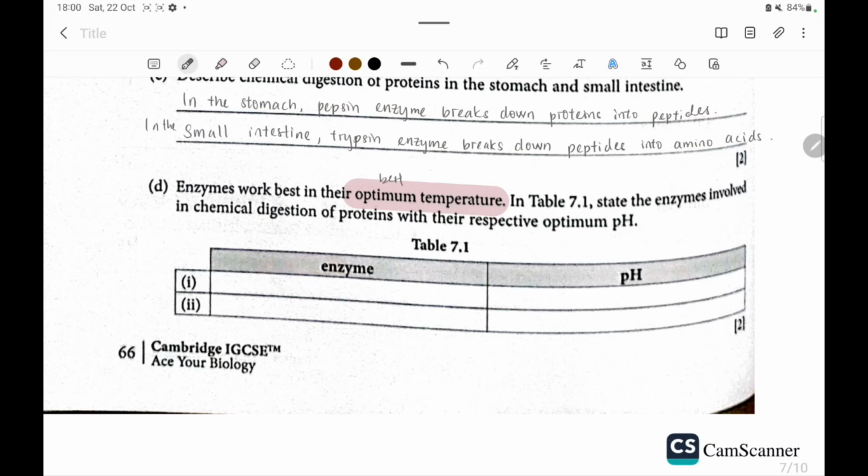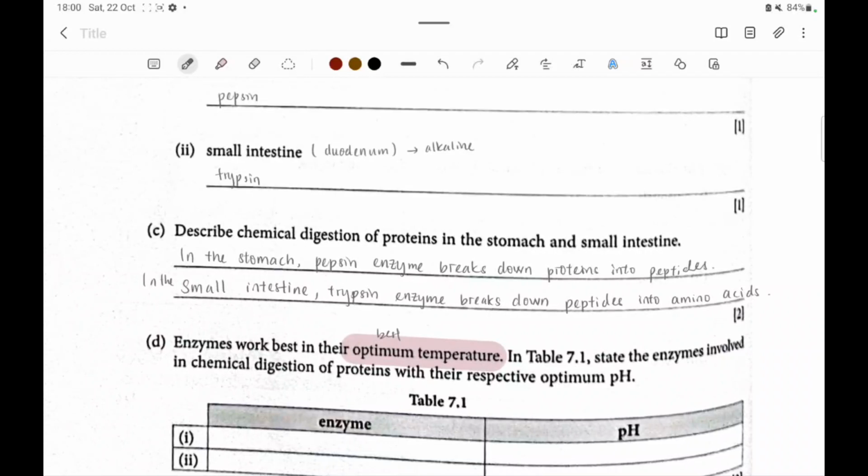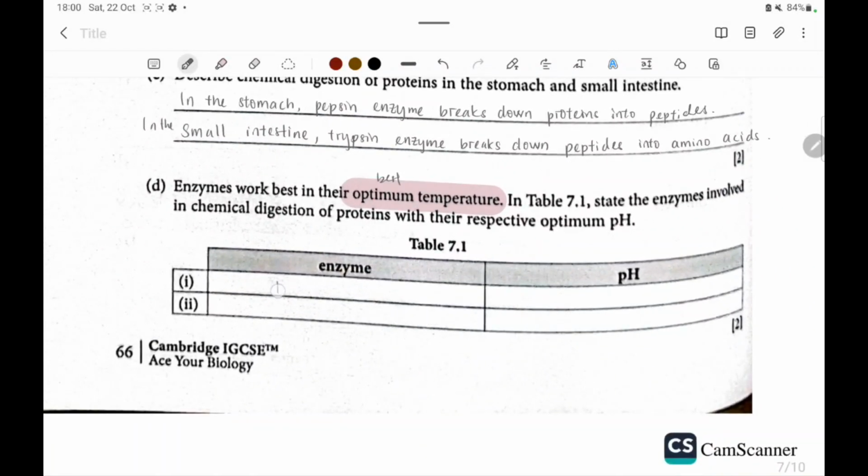Okay, so this one, we already know the two enzymes, pepsin and trypsin. So, pepsin, trypsin.